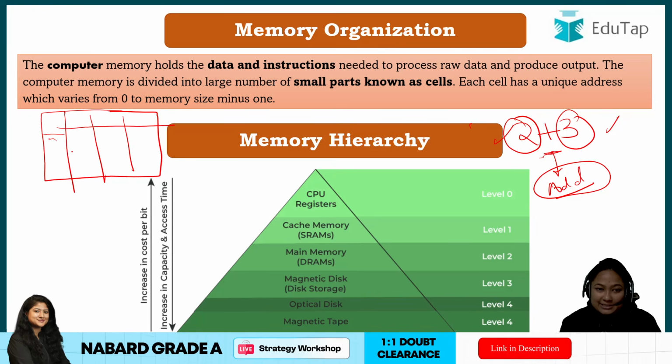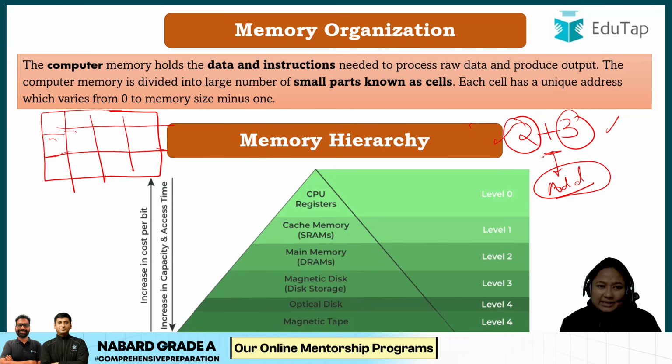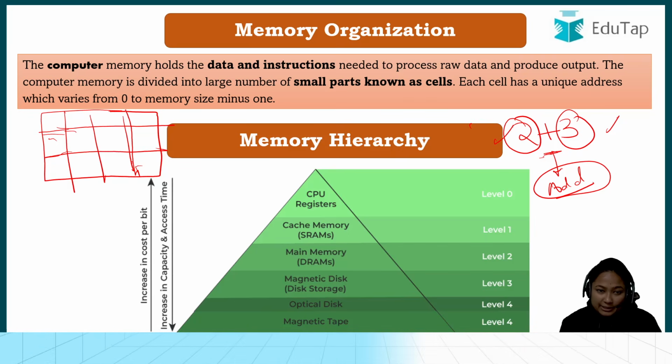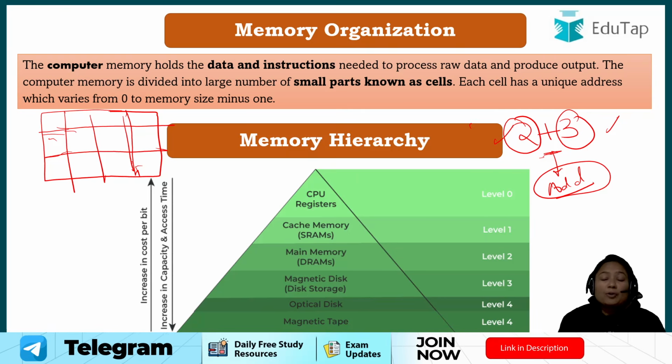You can imagine the cells like that. They are not actually like that, but to give you a visual picture, I am showing you this. Everything that your computer needs to store will be stored in the cells, and these cells basically form the whole memory of the computer.